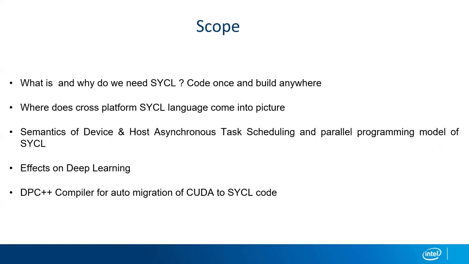So a brief idea about the scope: what is SYCL, and why do we need it? The idea is code once and build anywhere. SYCL is a cross-platform language that can help you write sophisticated kernels, accelerated code, as well as different kinds of numerical and high-performance computing kernels, which you can build for separate vendors and separate ISAs.